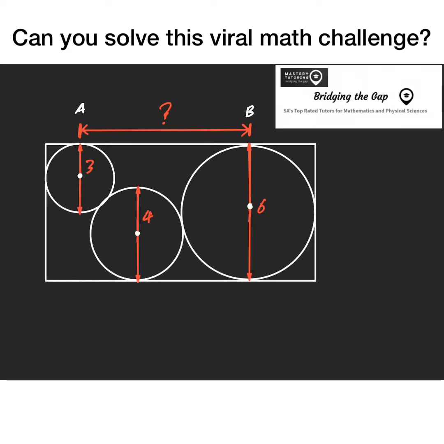The next thing we do is join all these points with a straight line. So I draw a straight line there, and then another one at that point there. And then we add two more lines in the horizontal direction. It's going to look like that, and then this other one is going to look like this.